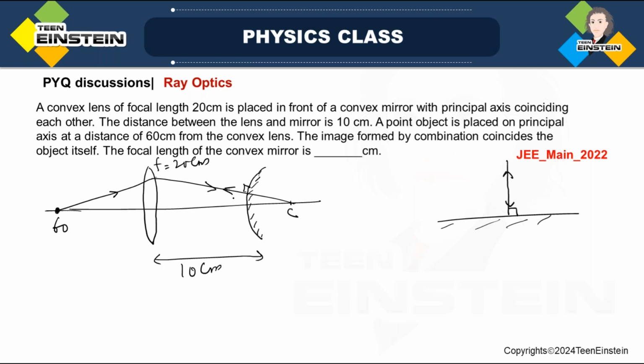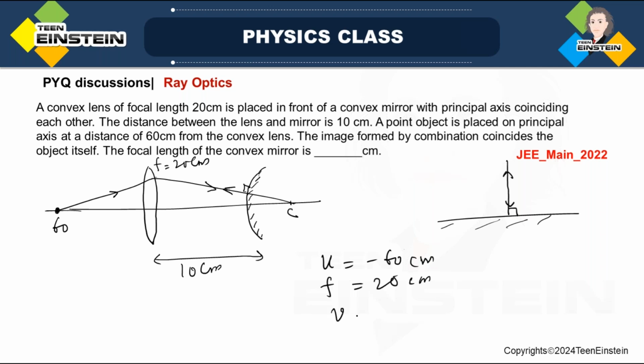Okay, so in this situation only there will be the image formed at the same place as the object itself. So first of all, let me find out the position of the image. I know u is given as -60, f is given as 20 centimeter.